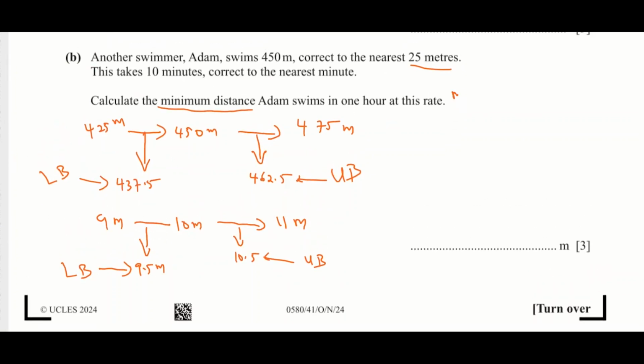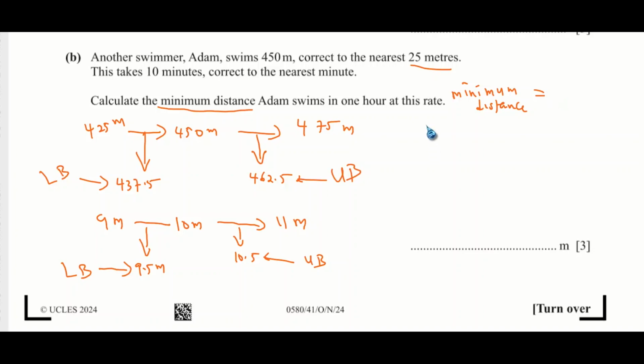So minimum distance will be equals to the lower bound of the distance over the upper bound of the time.